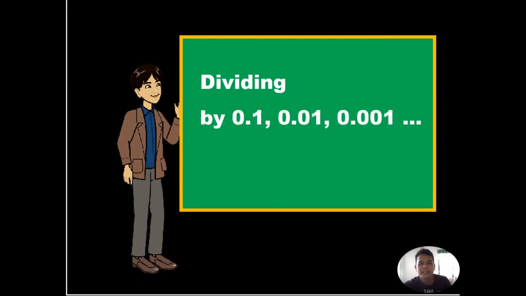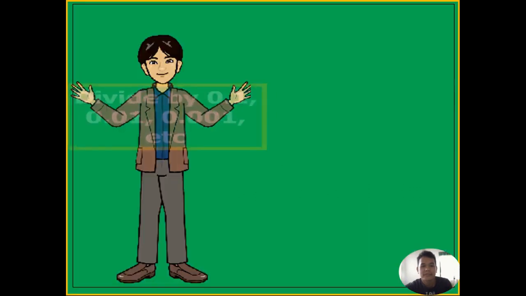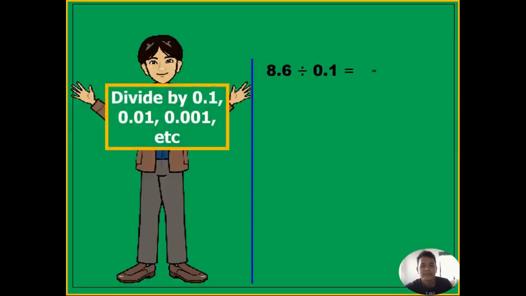So here, let us divide by 1/10, 1/100, 1/1,000, and so on mentally. How can we do this? Follow the steps. First example, 8 and 6/10 divided by 1/10.